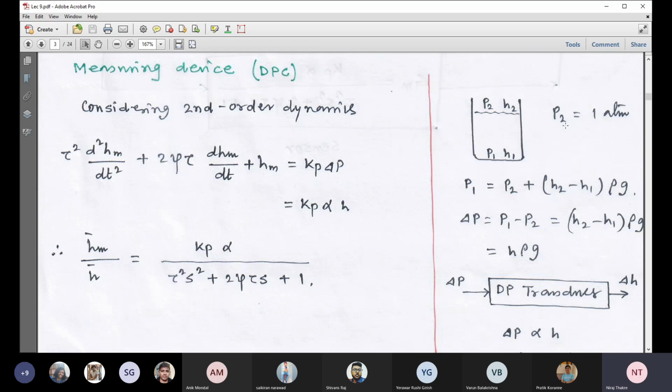Here P2 is basically the atmospheric pressure, and P1 is this. So del P is this.